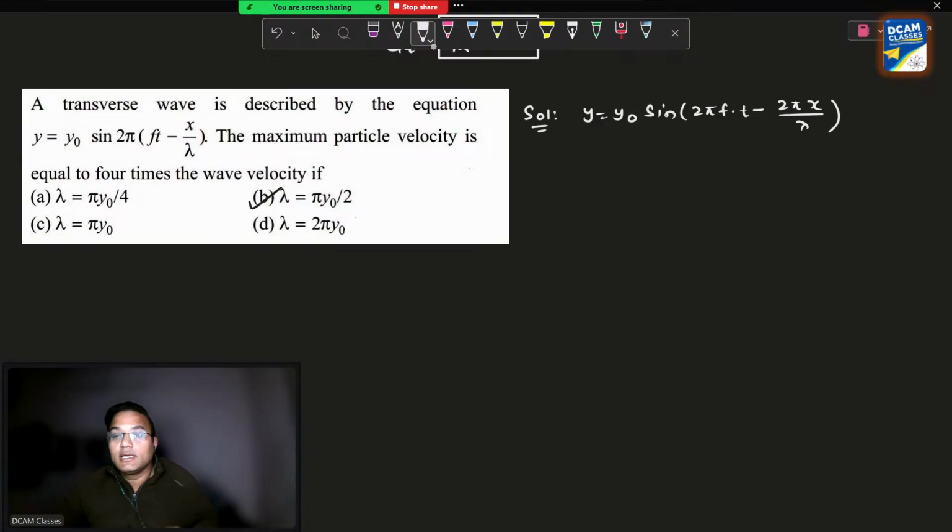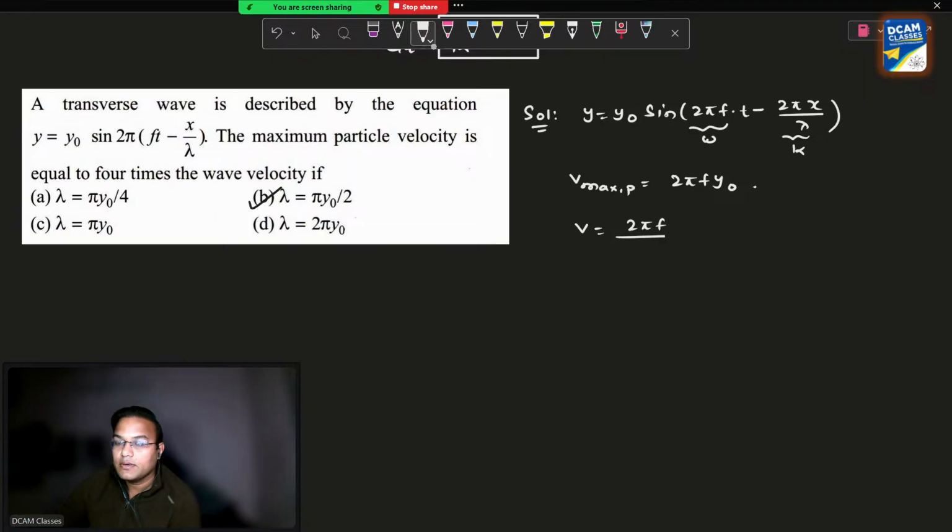This represents your omega and this represents your 2 pi by lambda equal to k. So the maximum particle velocity will be what? Omega times y naught: V max particle is 2 pi f y naught. And what is wave velocity? Omega by k, na? 2 pi f by 2 pi by lambda, that is f into lambda. What they have given?